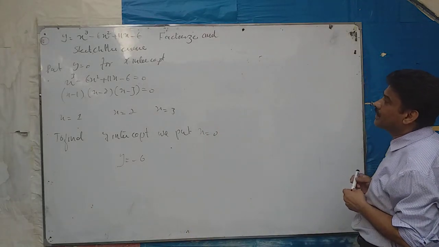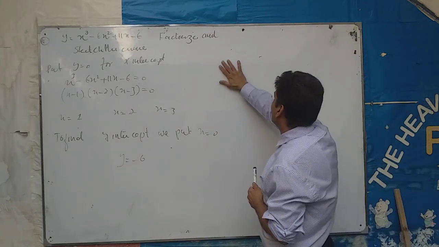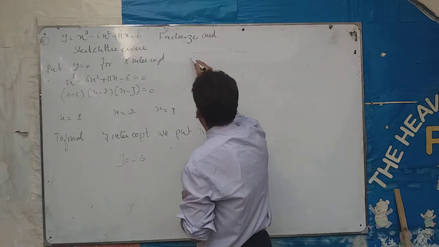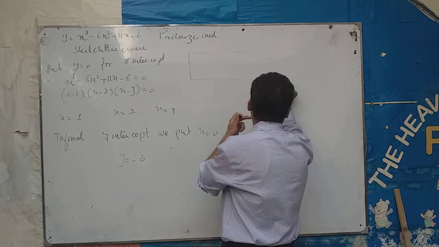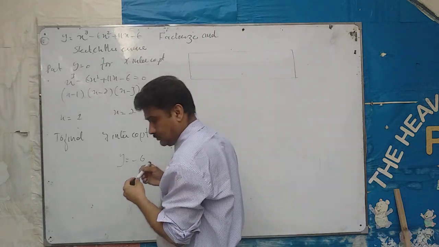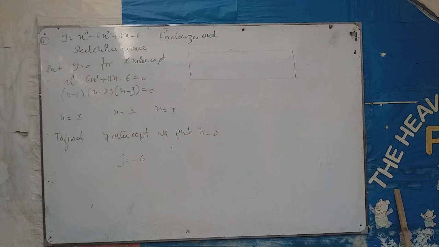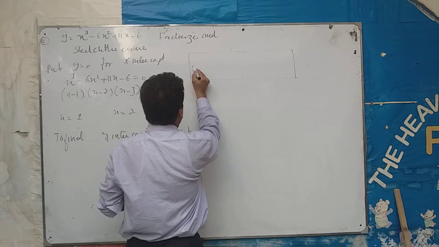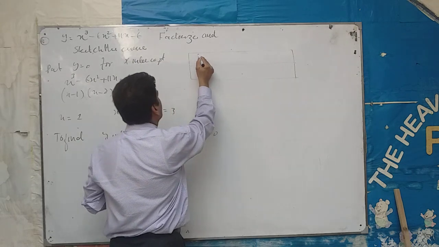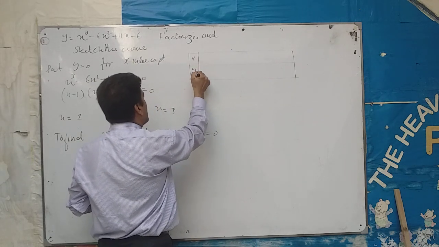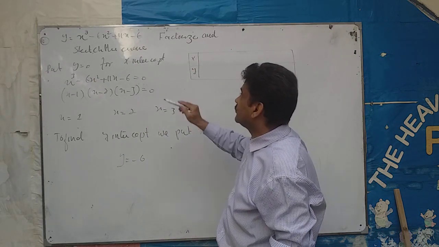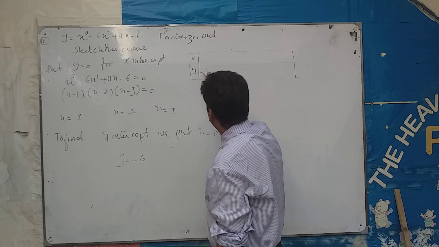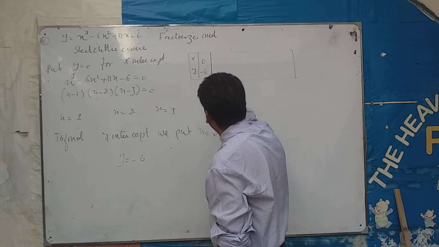After this, we take some values in a table. When x is equal to 0, y is equal to minus 6.